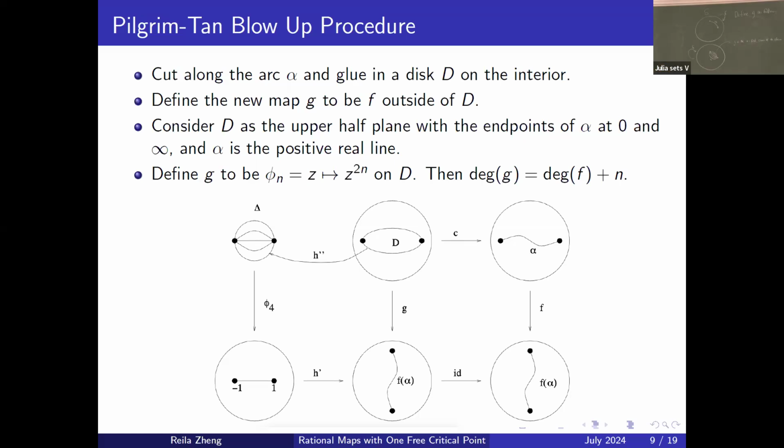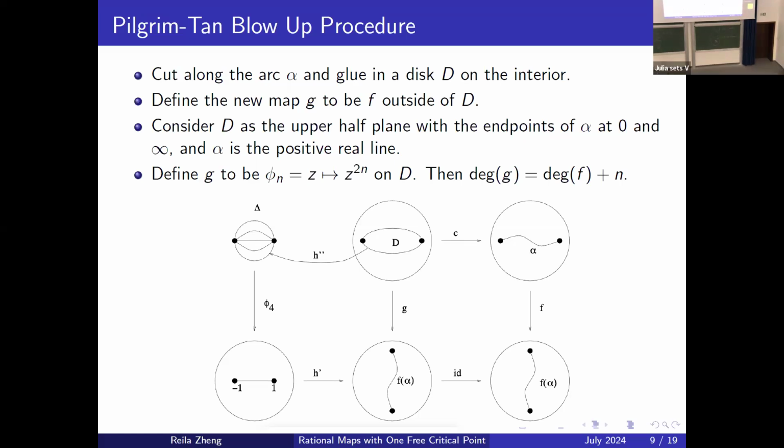Yes. Is the map G continuous? You're going to prescribe it to be continuous on the boundary, right? So the description outside of the arc is going to be F. And then on the inside of it, it's going to be given by z goes to z to the 2n. And you're going to define the boundary in the way that it's continuous.